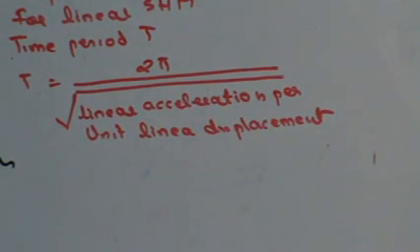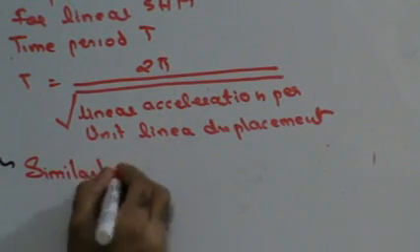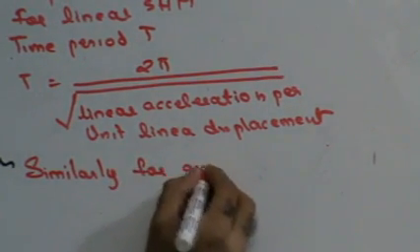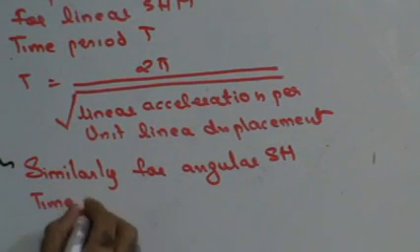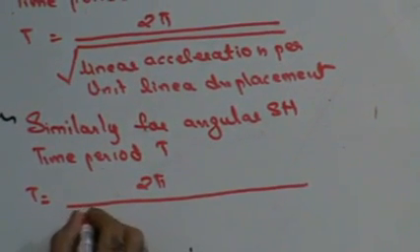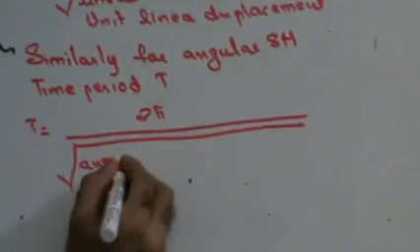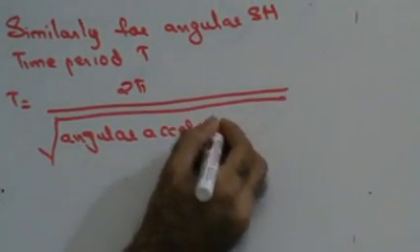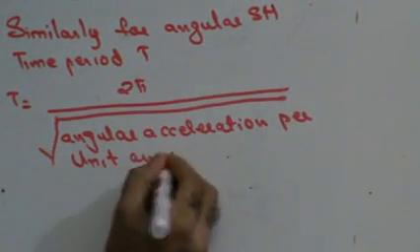Using the same analogy, similarly for angular SHM, time period T will be equal to 2 pi upon square root of, instead of linear acceleration, angular acceleration per unit angular displacement.